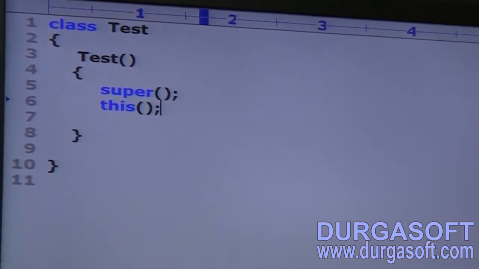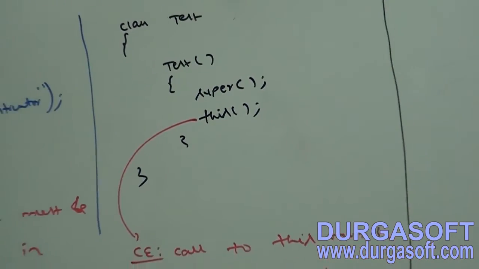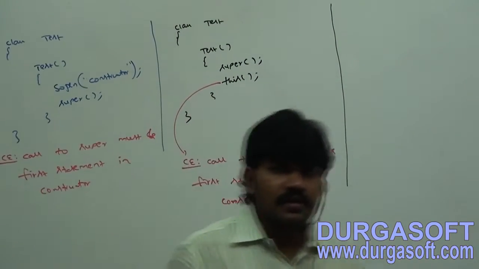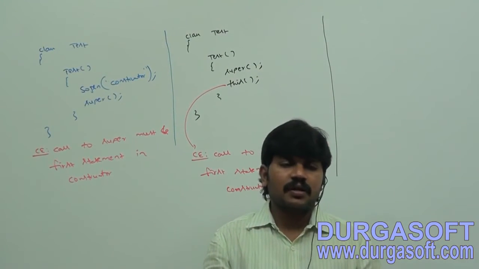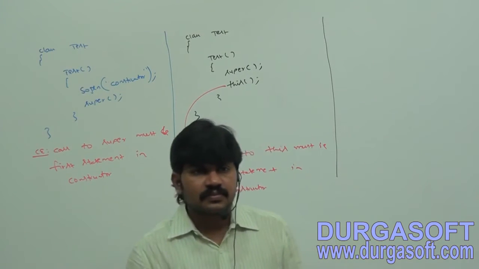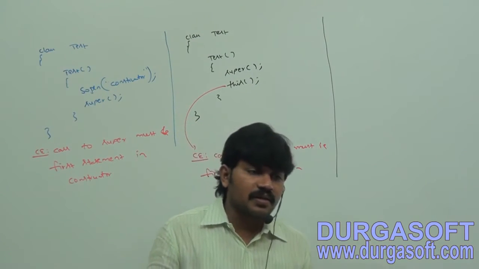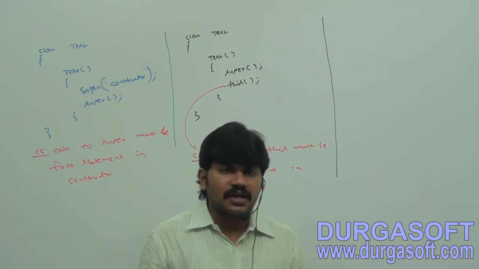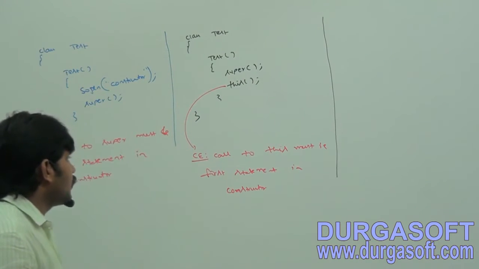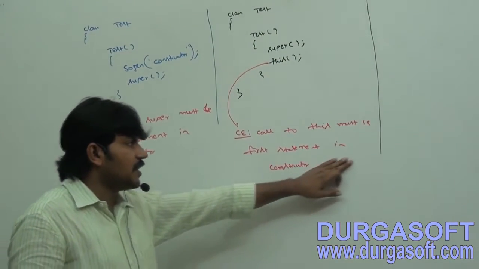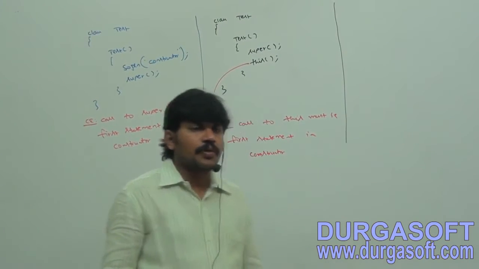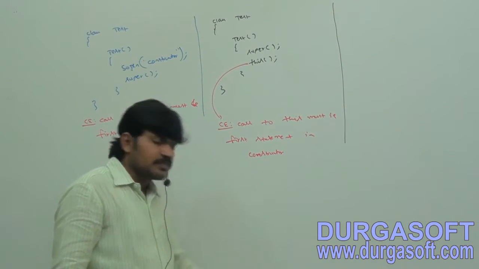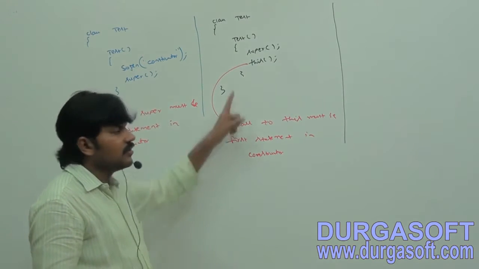So in case 2, within the constructor we can take either super or this, but not both simultaneously.